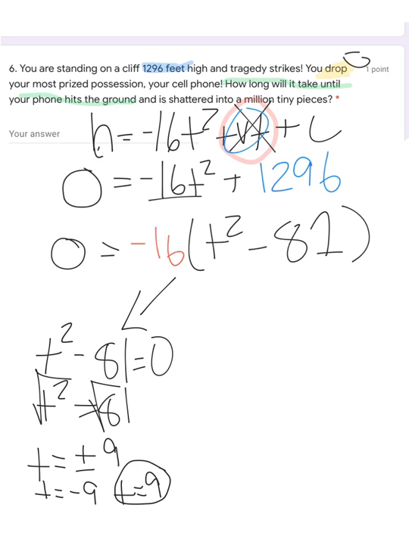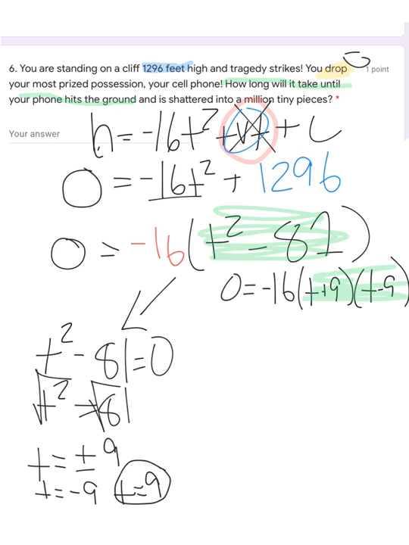Some people might have done it differently and expanded this, so you would have had t plus 9 and t minus 9. If you remember those special cases, that plus and minus 9 is a special case.